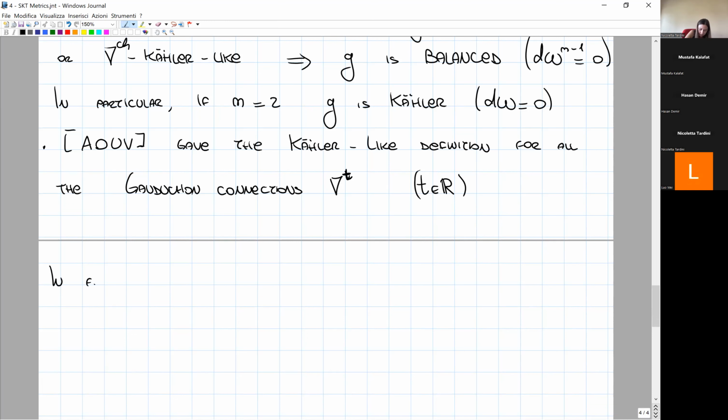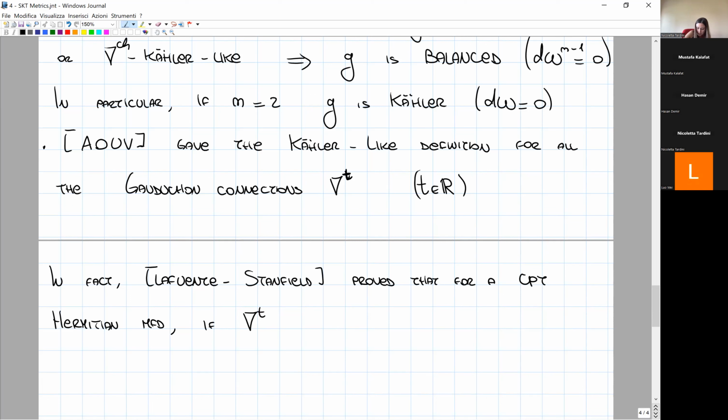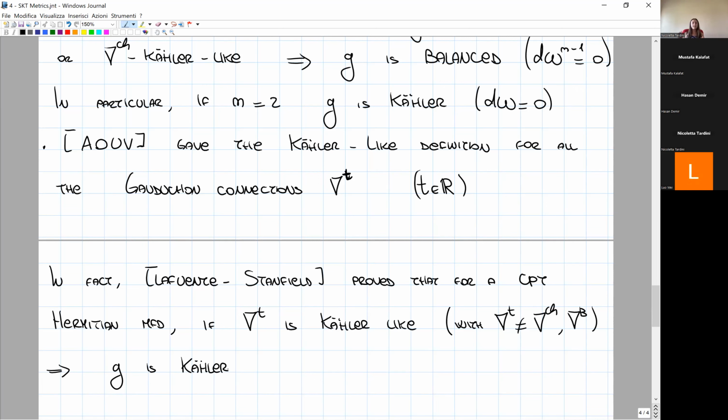And in fact, very recently, Lafuente and Stanfield proved that for a compact Hermitian manifold, if nabla t is Kähler-like, with nabla t different from either the Chern connection or the Bismut connection, then the metric g is Kähler. So it seems that imposing some Kähler-like symmetries for the curvature is forcing the metric to behave in a very particular way.